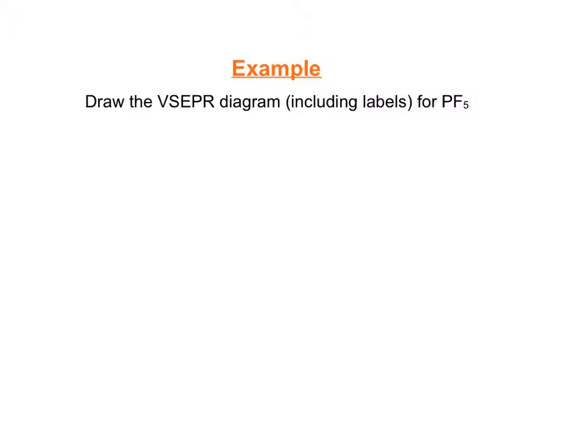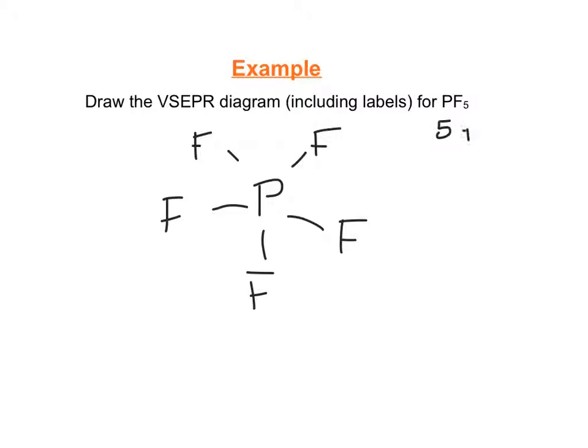Lastly, let's draw the VSEPR diagram, including labels of angles, for PF5. So PF5, we're going to put phosphorus in the middle and 5 fluorines around it. So with this, we had 5 plus 5 times 7 electrons, which gives us 40.